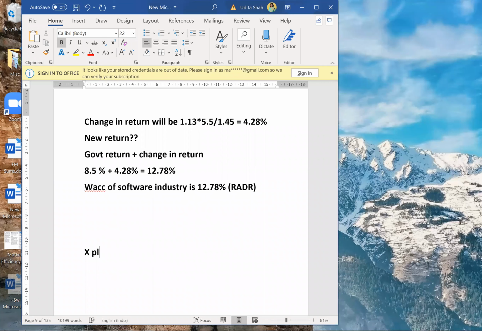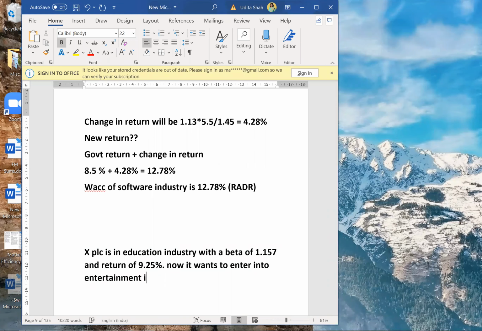XPLC is in education industry with a beta of 1.157 and return of 9.25%. Now it wants to enter into entertainment industry where new beta will be 0.983.